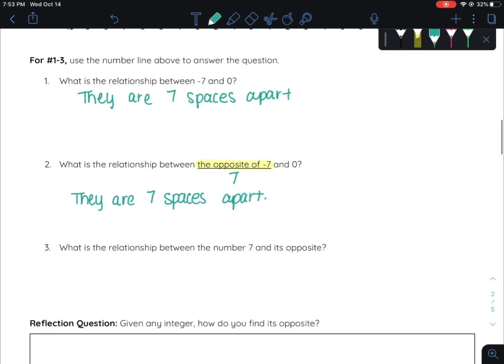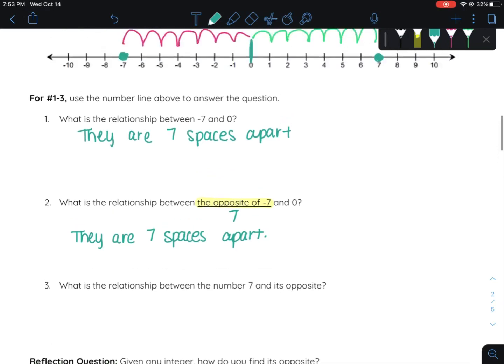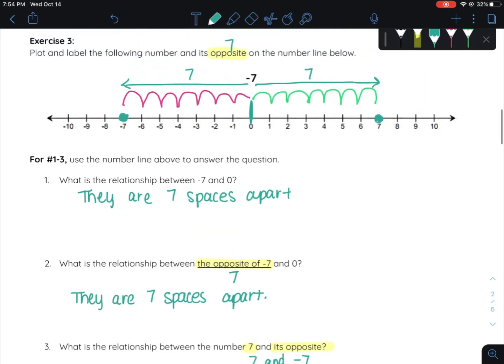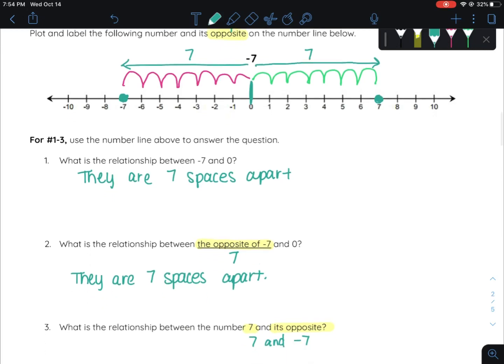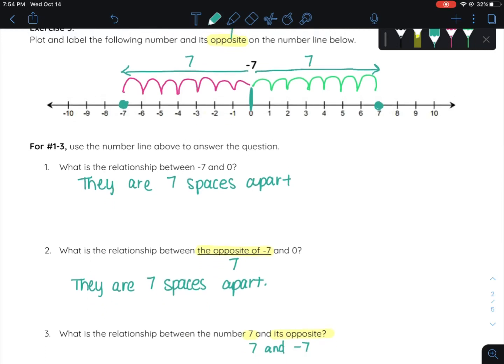Okay, now lastly, what is the relationship between the number 7 and its opposite? So we have 7 and its opposite. So we're comparing 7 and -7. So come back up here. With all of these, when we gave the relationships, we were talking about the distance apart.